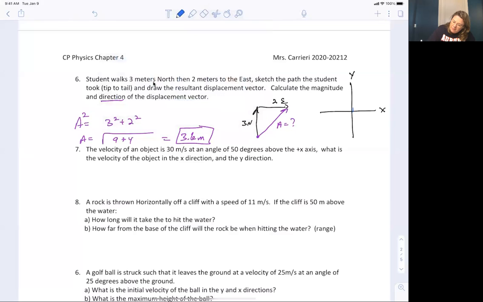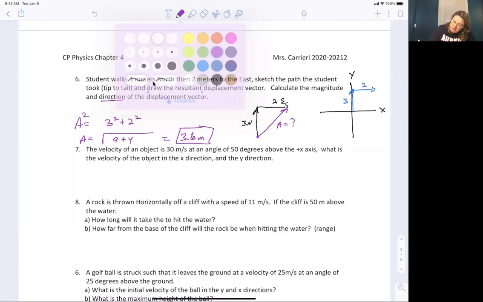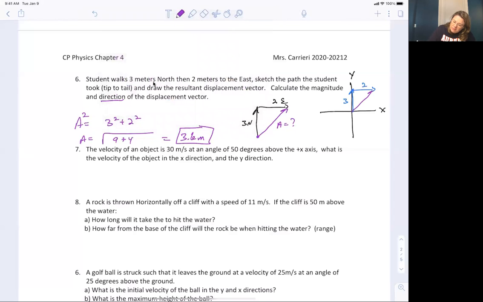So I went up 3, to the right 2, and then I have a direction like that, and we found this to be 3.6. Now we need to know an angle. We've got to have an angle. So I will find, since I have this triangle inside, I'll find this angle right here. So we'll call that theta.